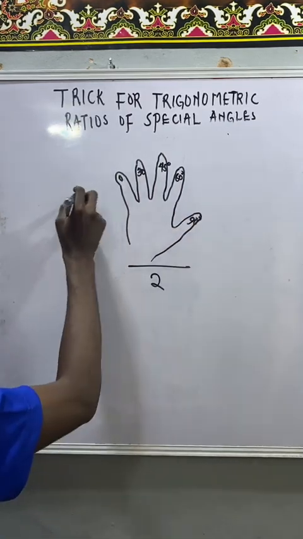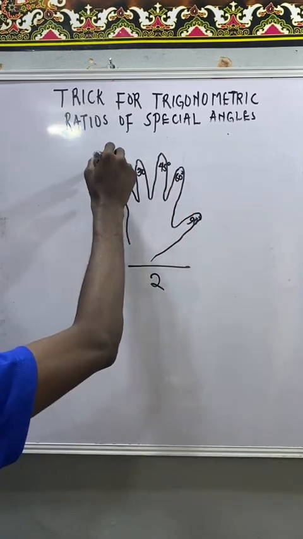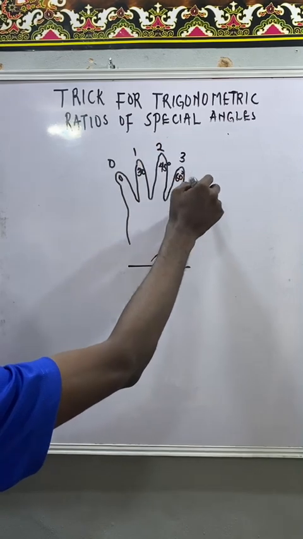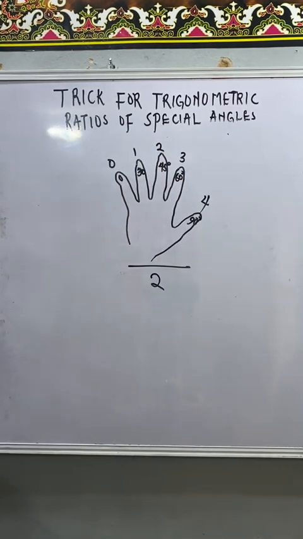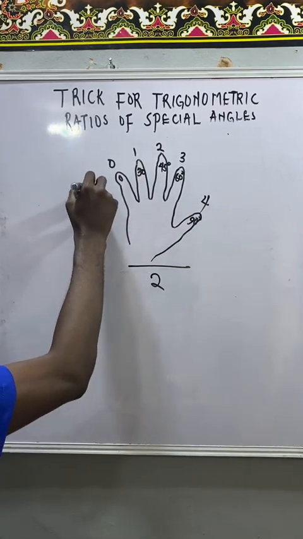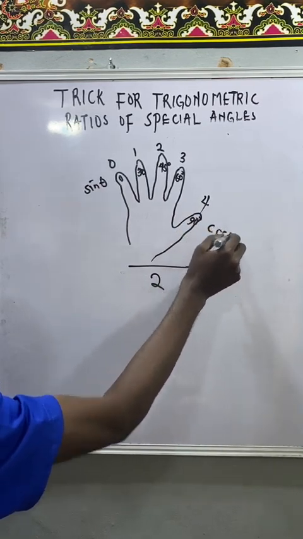Now, I am going to start counting numbers from 0, 1, 2, 3, 4. I'll put sine theta here and cos theta here.